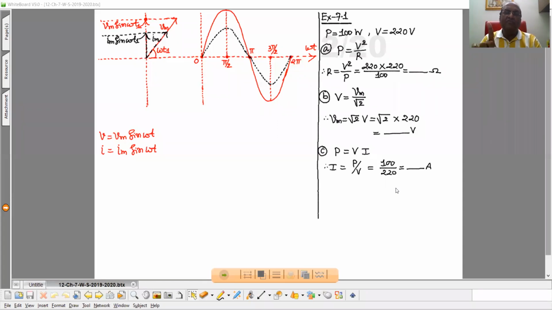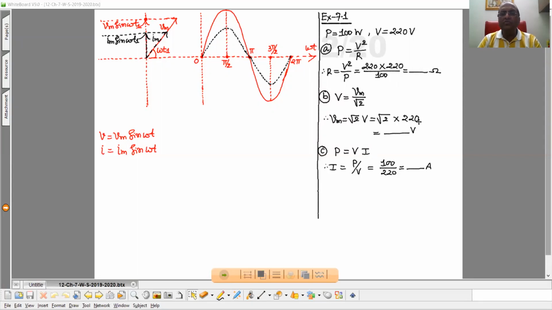Whenever the maximum voltage or maximum current or the peak value is given to you, they will mention it. They will say this is the maximum value or peak value, or sometimes they use the word amplitude. That is the Vm. Now here to calculate Vm, we can write Vm equal to root 2 into V.